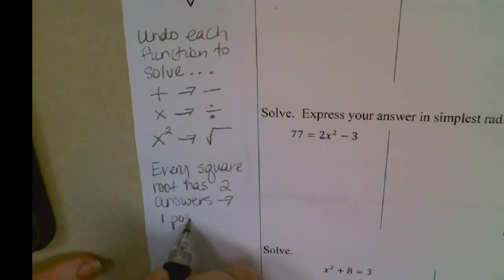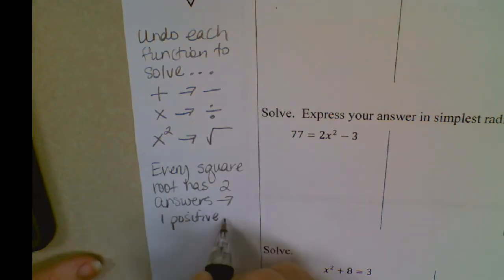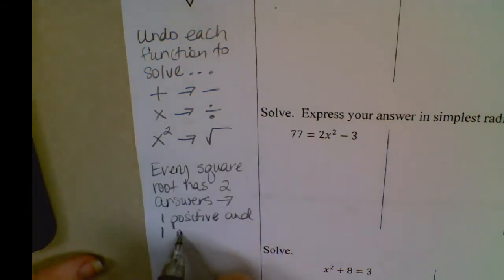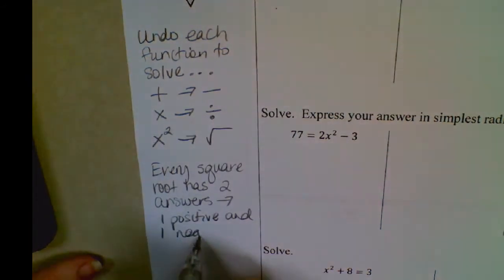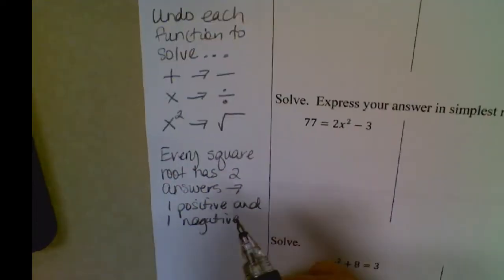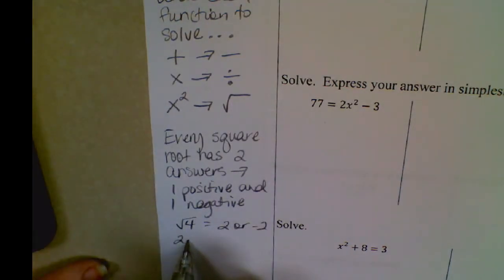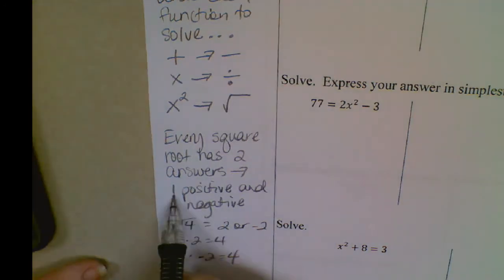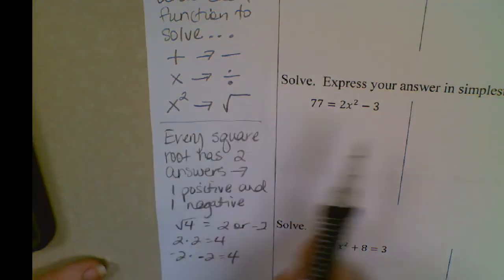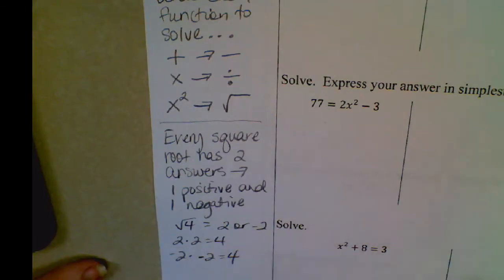One positive and one negative. Okay. So let's take a really easy one. The square root of 4 is 2, or it's negative 2, because 2 times 2 equals 4, but negative 2 times negative 2 always equals 4 also. Okay, so you just need to remember that. You've got one positive and one negative answer. That's important in this section.